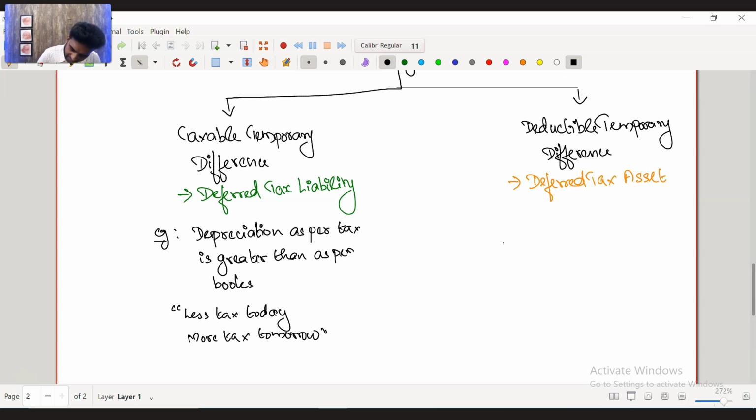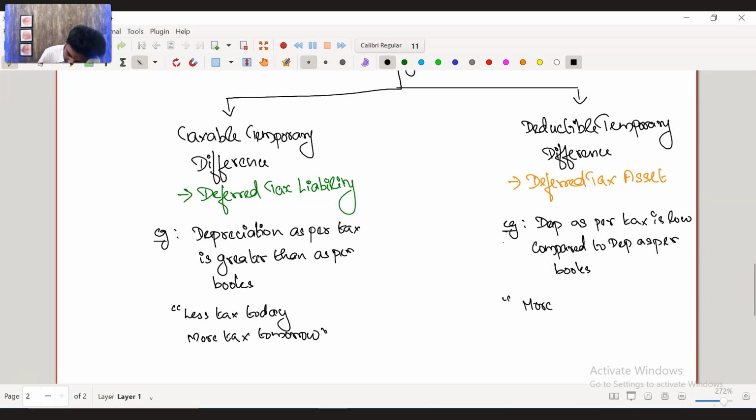Whereas deferred tax asset is the straight opposite example, where depreciation as per tax is lower compared to depreciation as per books, due to which you will pay more tax because expense is lower.